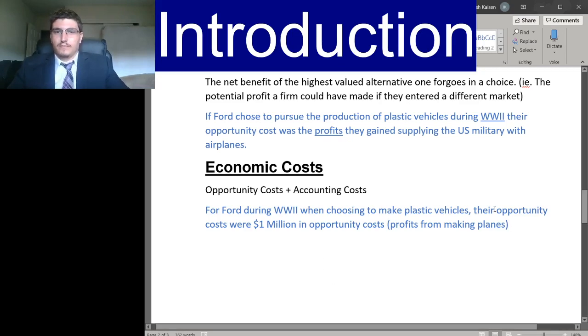Oh God, sorry, this is meant to say economic costs. And they'd have some labor to make the plastic vehicles. This, let's say, would be to a lesser extent. Let's say it'd be $500,000.